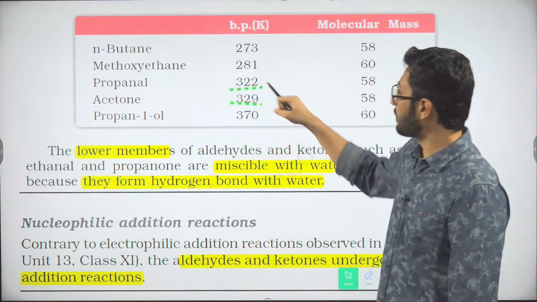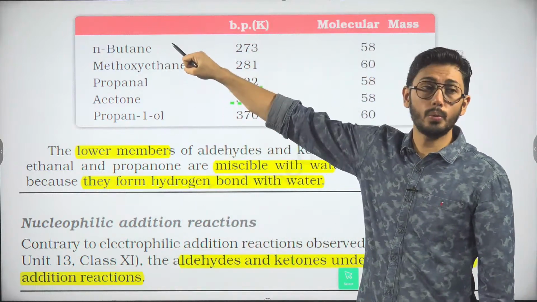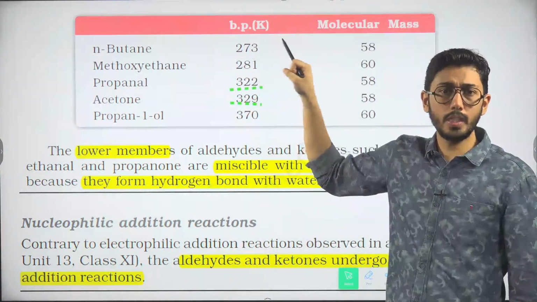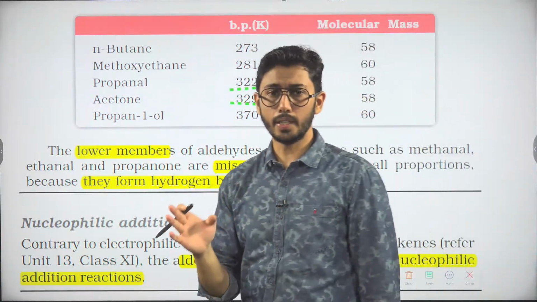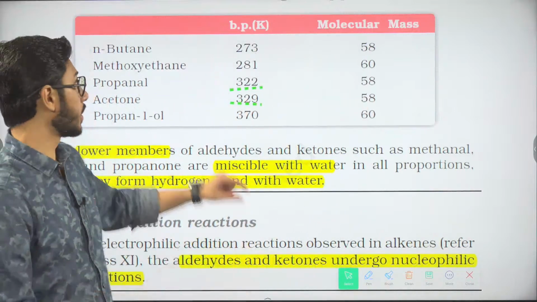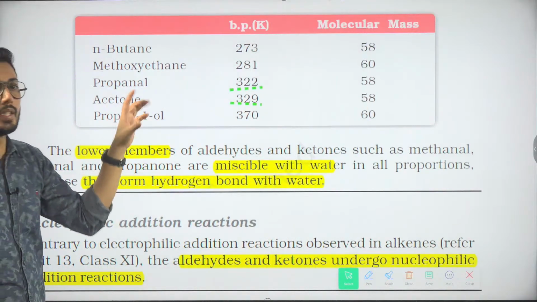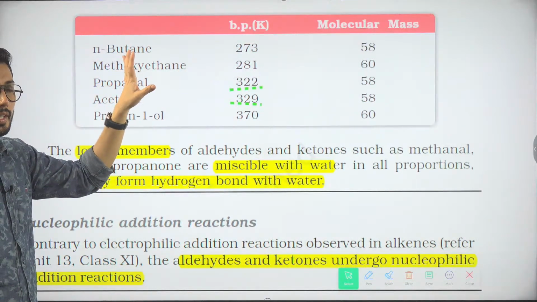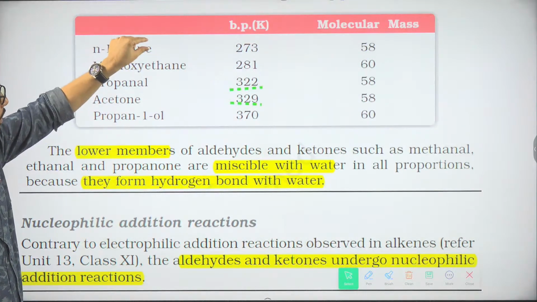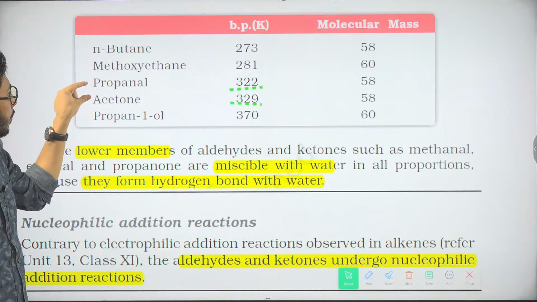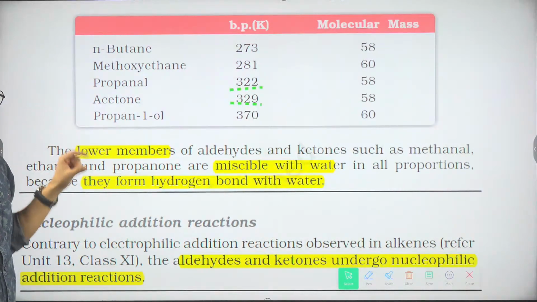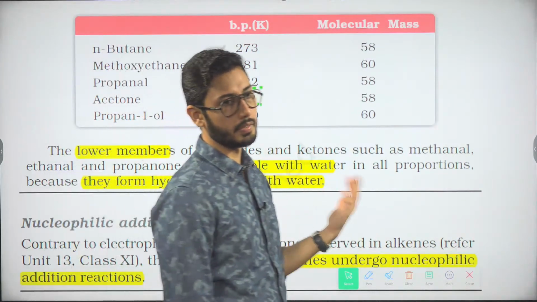Then, out of n-butane and methoxyethane, which is higher? Methoxyethane, the ether, is higher. So if you remember this example, you can easily mark n-butane less than methoxyethane, which is hydrocarbon and ether. Carbonyl compounds are more than them, alcohol is maximum. If a carboxylic acid is given, then carboxylic acid will be the highest.